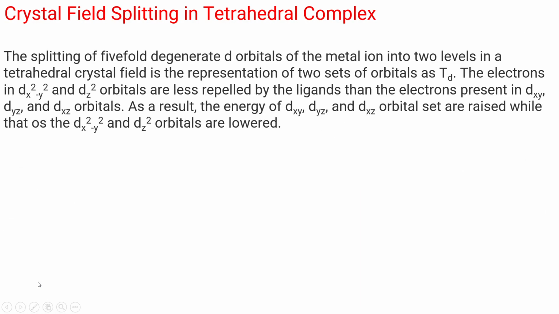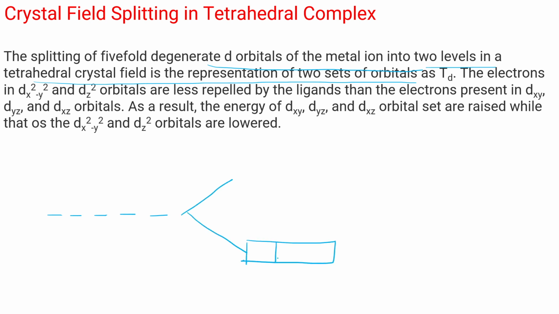The splitting of the five-fold degenerate d orbitals of the metal ion into two levels in a tetrahedral crystal system is represented by two sets. So we have five d orbitals.